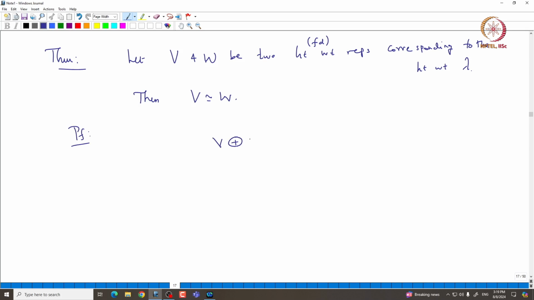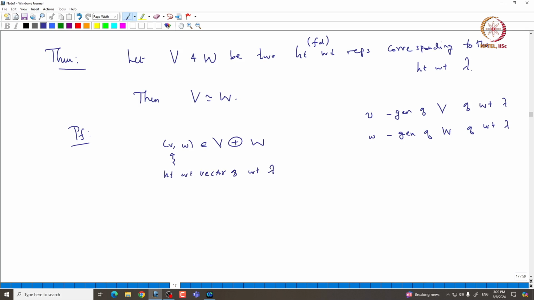Look at V direct sum W. Call v the generator of capital V of weight lambda, and call w the generator of W of weight lambda. Then it is easy to see that this (v,w) is a highest weight vector of weight lambda.